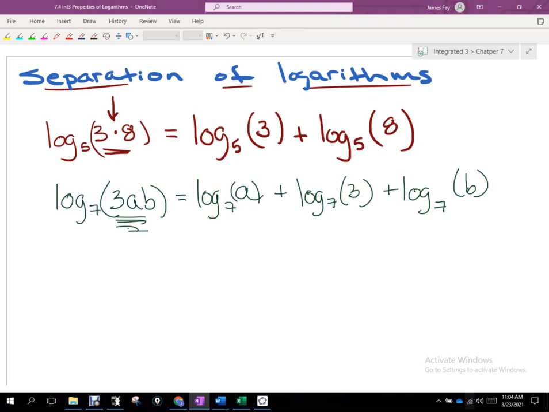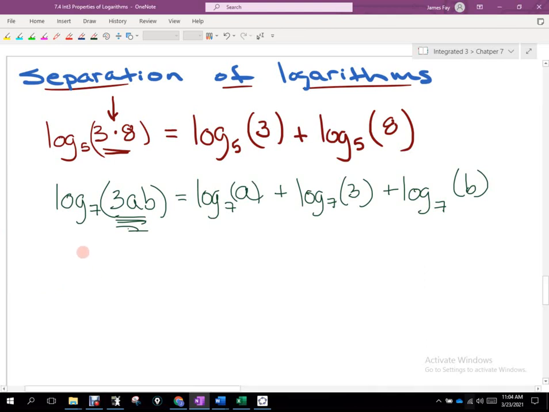So I can write that as log base 7 of A plus log base 7 of 3 plus log base 7 of B, or any order. If you want to go log base 7 of 3 plus log base 7 of A plus log base 7 of B, you can. If you want to go backwards and write log base 7 of B plus log base 7 of 3 plus log base 7 of A, you could. They're all equivalent. Is that okay?